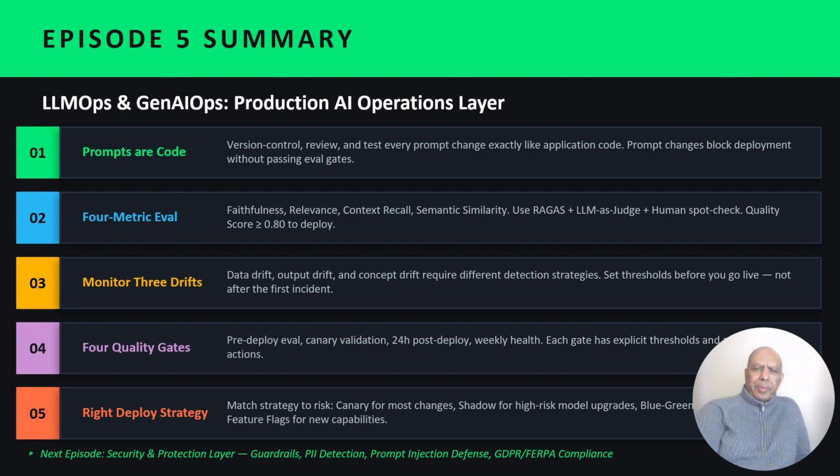Number 5: pick the right deployment strategy for the risk level. Canary for most changes, shadow for high stakes, blue-green when you need zero downtime. If you implement just these 5 principles, you will catch 80% of production AI failures before they impact users.